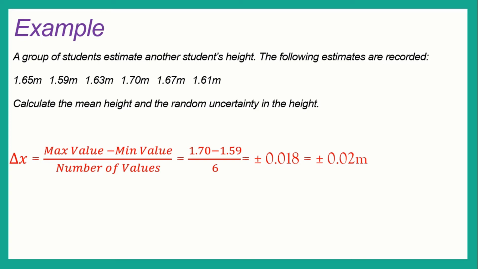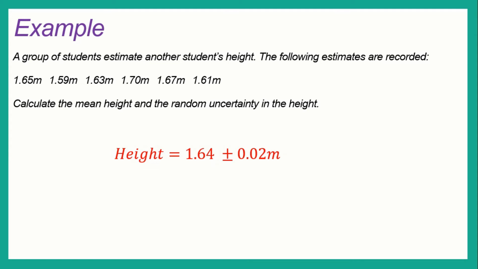So we subtract the 1.59 from the 1.7, and divide by our 6 estimates. That will give us plus or minus 0.018 metres, but it's generally good practice to round to the same number of decimal places as the height that we've been measuring. So rounding, we get plus or minus 0.02 metres.